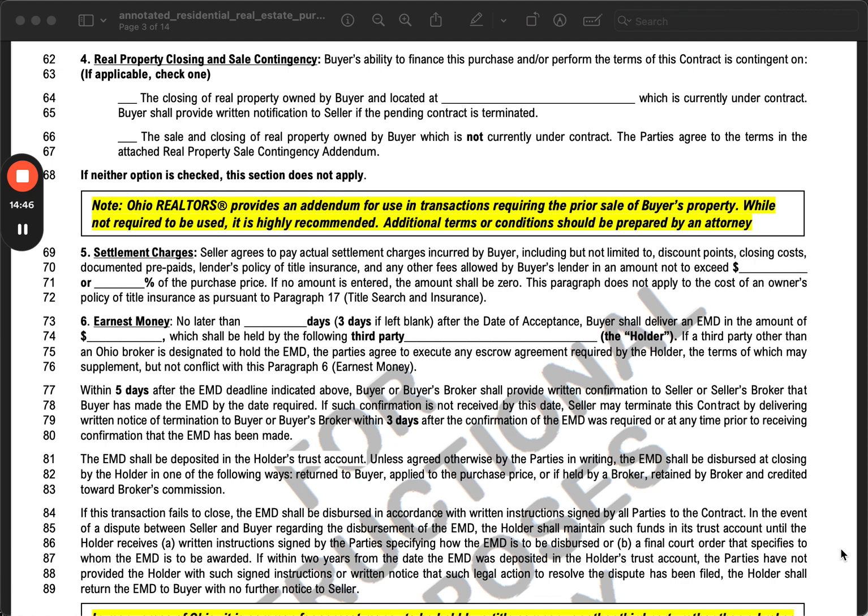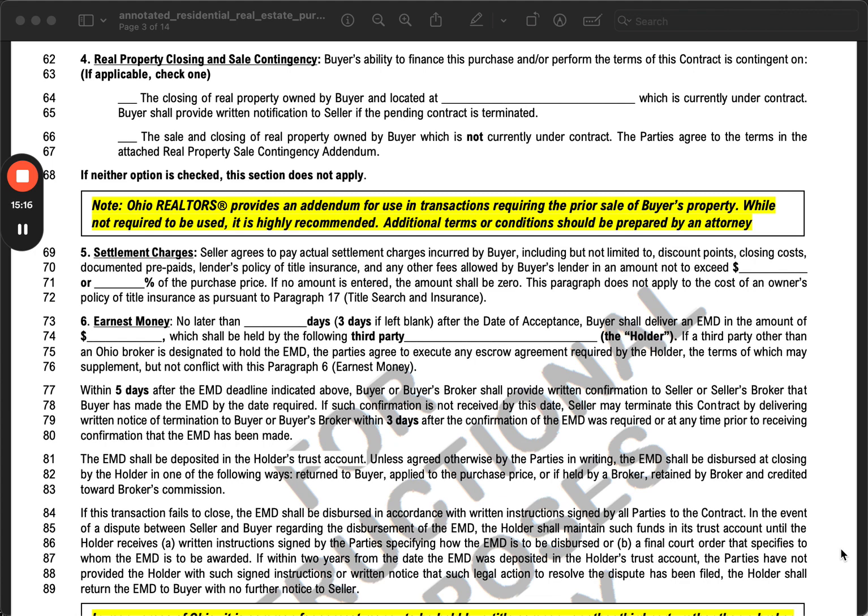The buyer shall provide written notice to the seller if the pending contract is terminated. Line 66. The sale and closing of real property owned by the buyer, which is not currently under contract. The parties agree to the terms in the attached real property sale contingency addendum. Line 68, if neither option is checked, this section does not apply.